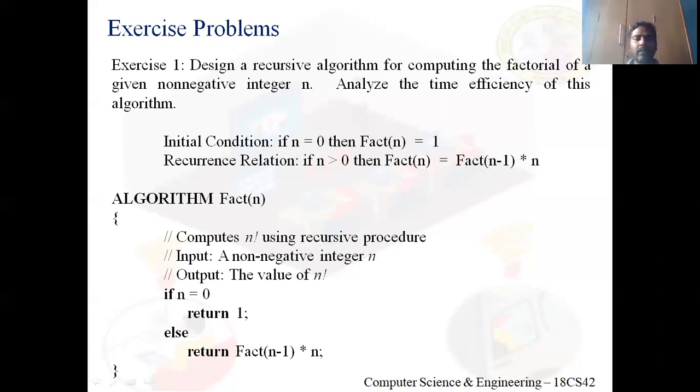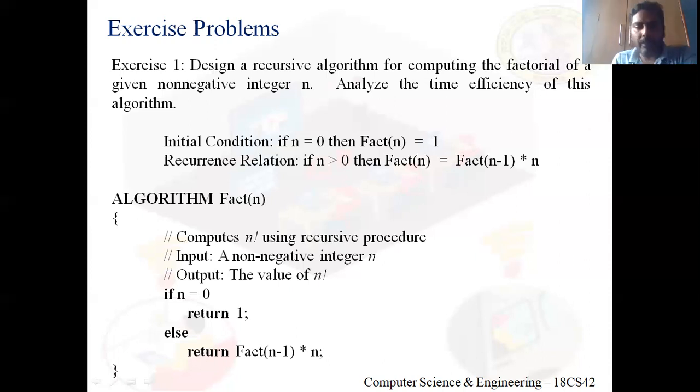So I've identified the size to be n and the basic operation to be multiplication. It's very clear that the execution of multiplication does not depend on any other parameters. Multiplication depends only on n. So here we just need to determine one basic operation count, the count for multiplication.